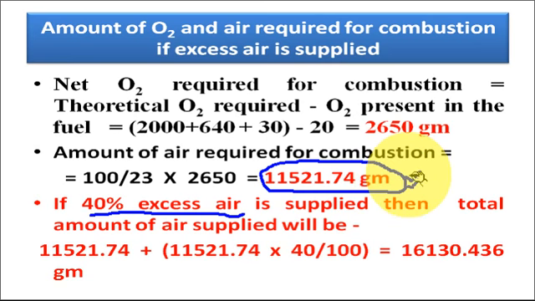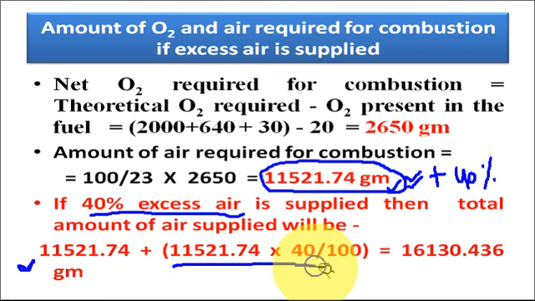So what will be the total amount? The total amount will be the minimum amount of air required plus its 40%. This will be the total amount of the air supplied. So the total amount of air supplied is the minimum amount and the 40% of this minimum amount.